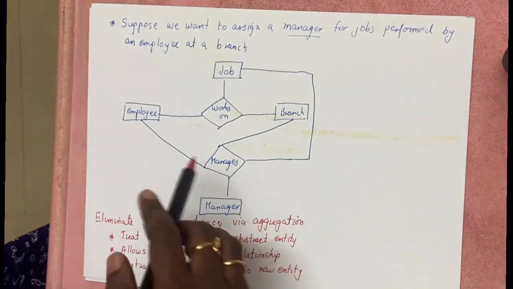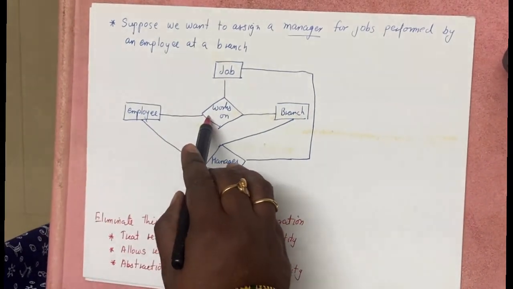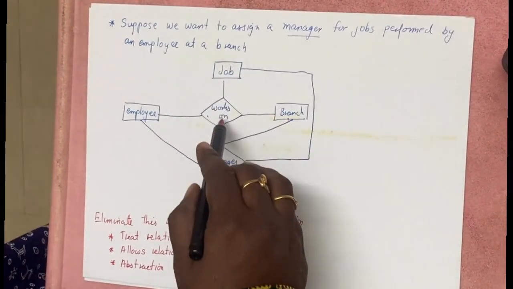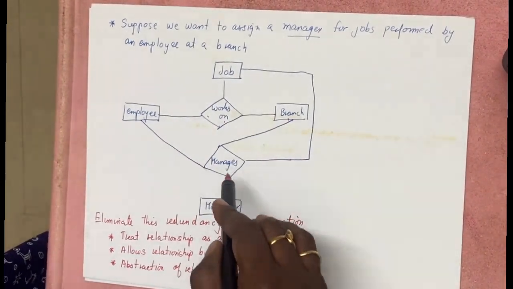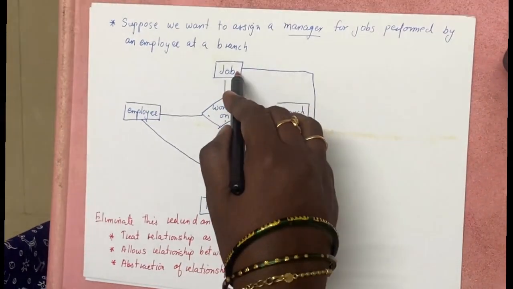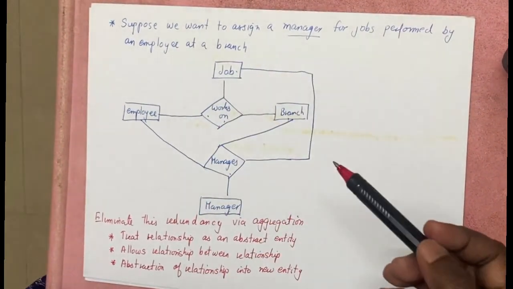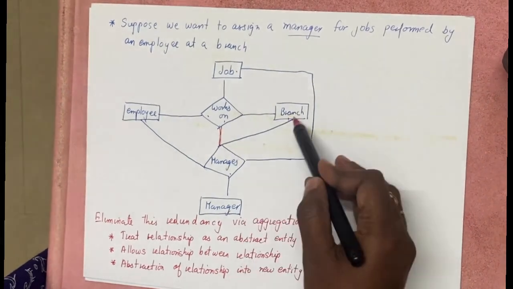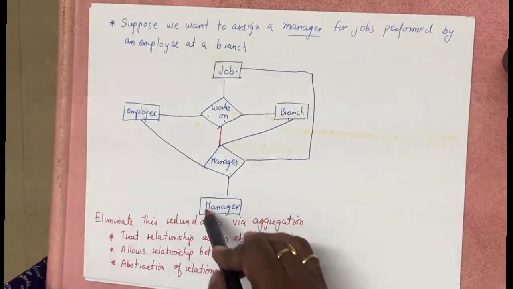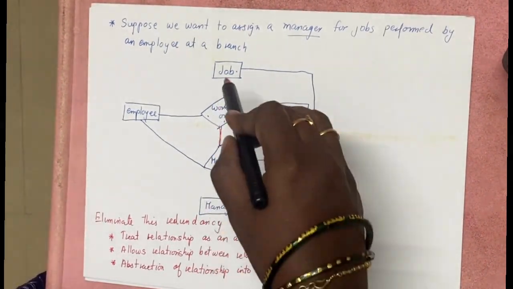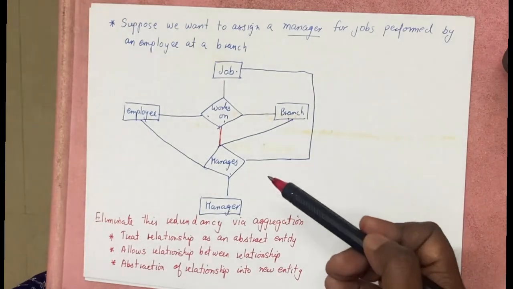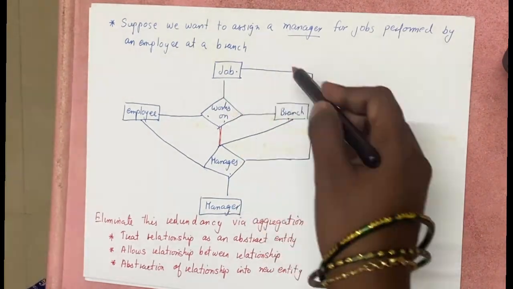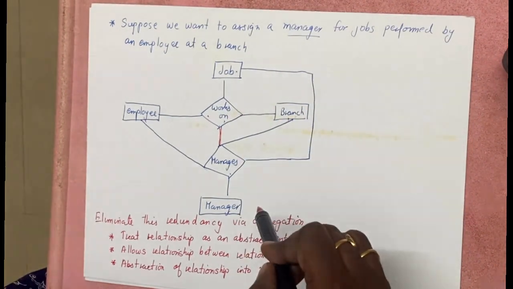In that case, the employee works in a particular branch on a particular job where the manager manages that particular job. Now you can ask me, why are we not connecting the line here, rather than over here? Because not all the managers are working on all the jobs. Also, there are some jobs that are exclusive to some managers.